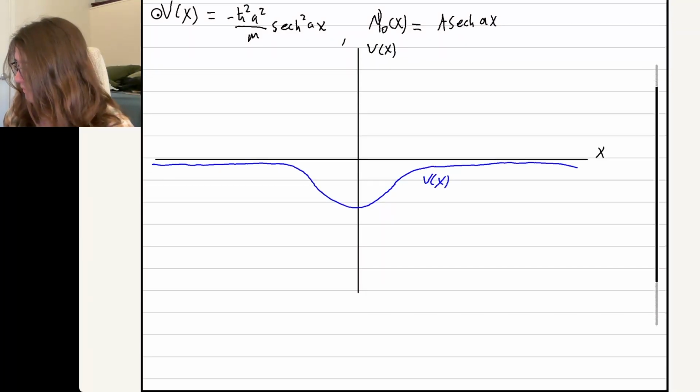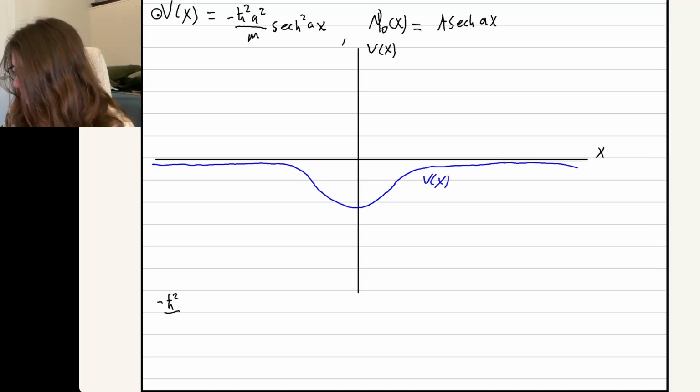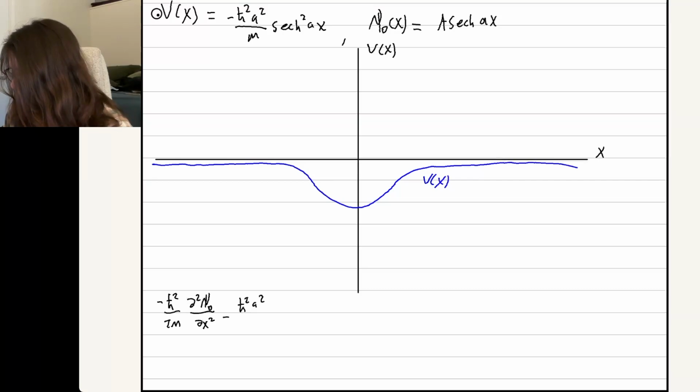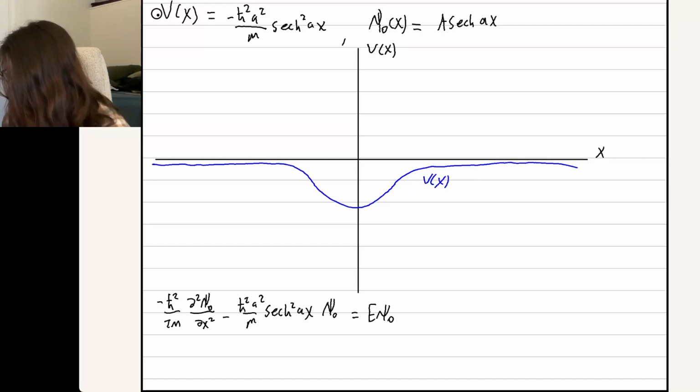So the Schrodinger equation is looking like minus h bar squared over 2m, del squared psi 0 over del x squared, minus h bar squared a squared over m sech squared ax, times psi 0 equals E psi 0.